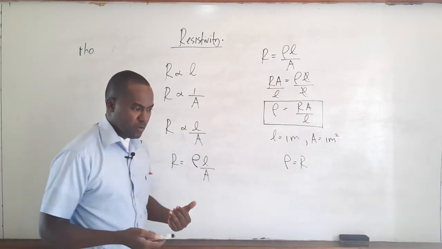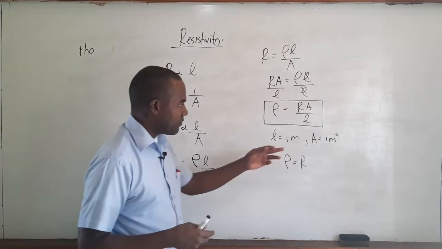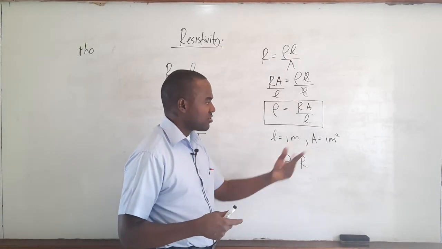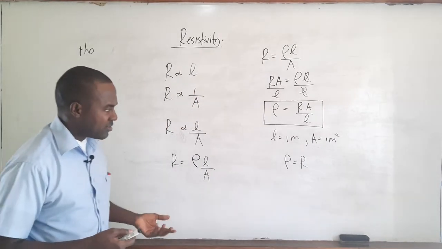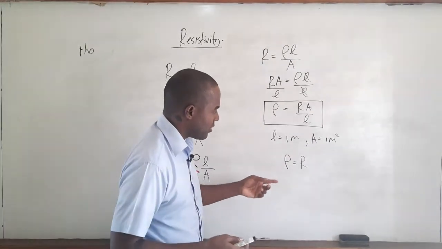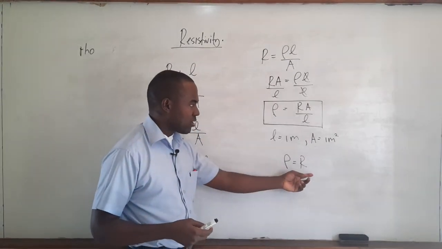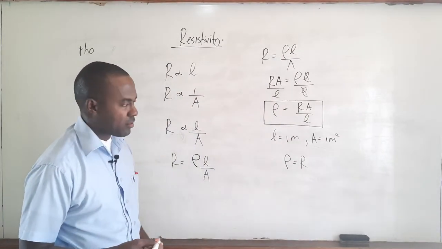And typically, for any piece of material to have length 1 meter and cross-sectional area A, it typically must be a cube, right? So essentially, we can say that the resistivity of a material is numerically equal to the resistance of a cube of the material of sides 1 meter in length.